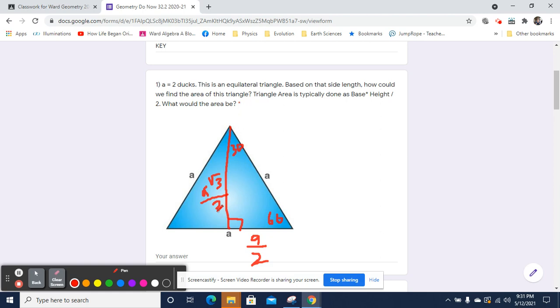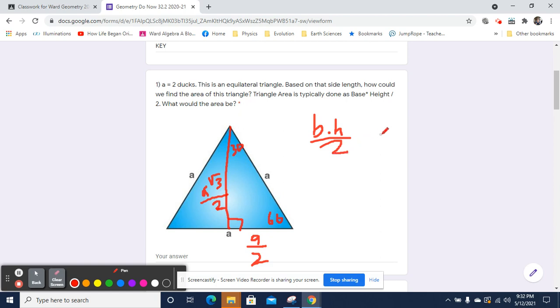And if we wanted to find the area of this triangle, what we need is this height and this base. So the base is A, and the height is A root 3 over 2. And you're going to do base times height over 2.